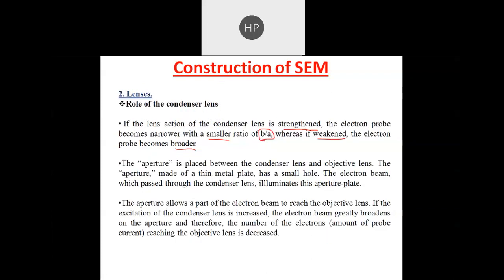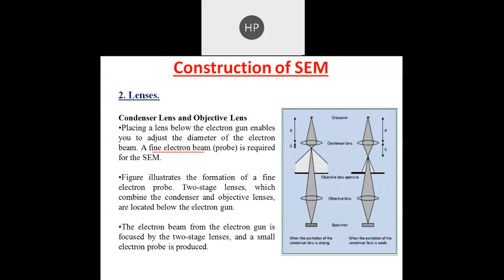The aperture is placed between the condenser lens and the objective lens. So this is our condenser lens and this is our objective lens, and between them we have an aperture. This is our aperture.